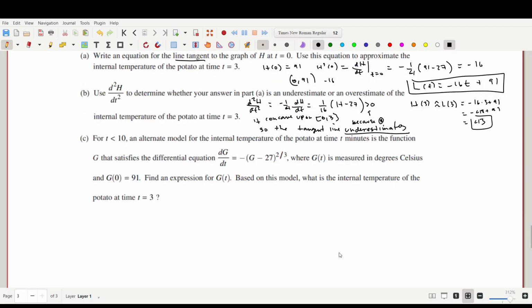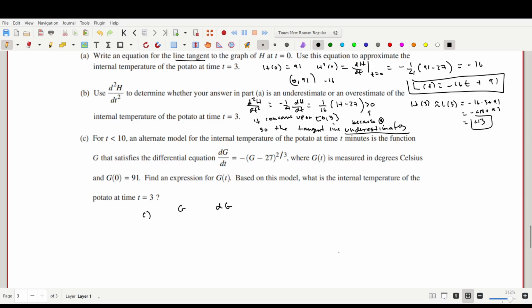All right, C. An alternate model is given by that differential equation. Find an expression for g of t. Okay, let's do that. So you get dg over (g minus 27) to the 2/3. I'll write it as a product.